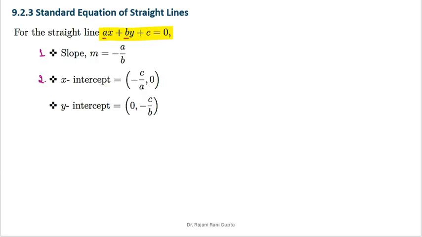X-intercept as minus c over a and y-intercept as 0, comma minus c over b. So let's see quickly how do we solve a question if the equation of straight line is given in this form and we are going to use this formula, not the long process that we did so far.